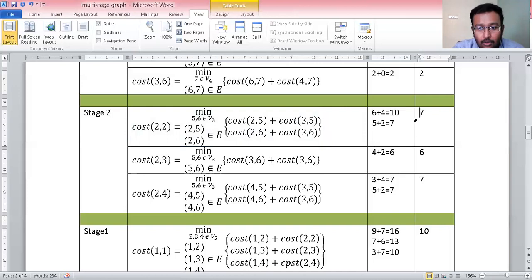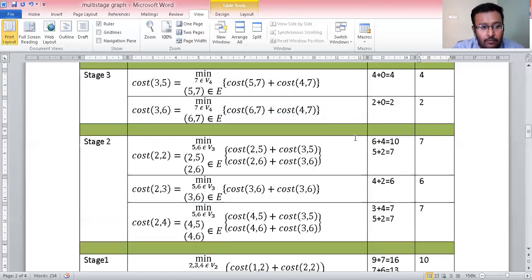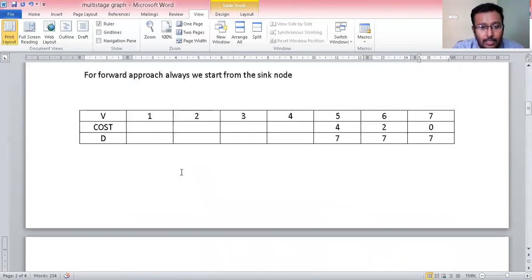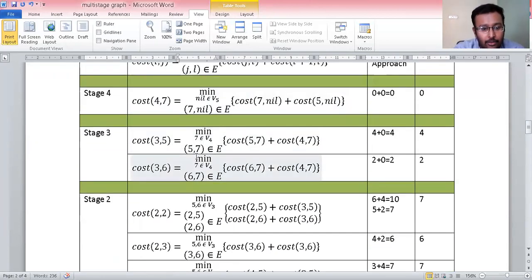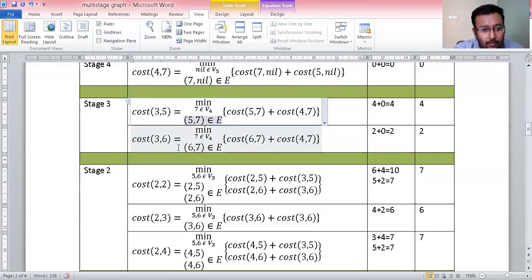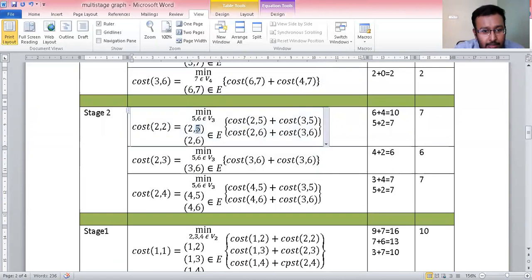So now I am going to fill the table above. The cost of the vertex 2 at stage 2 is 7, and I got the vertex number 6. Now you can ask me, sir, why did you not take the vertex 5?